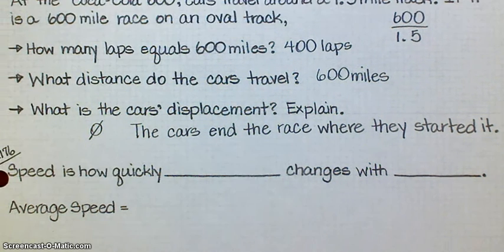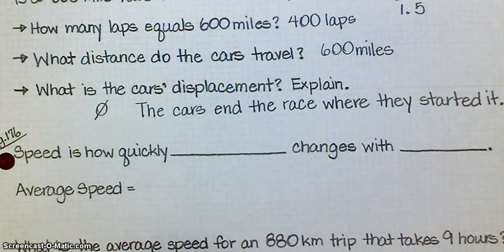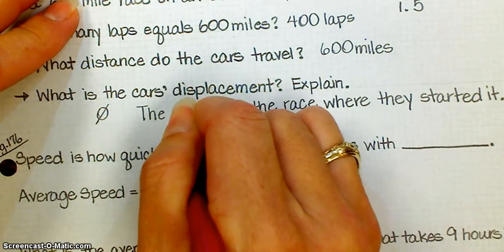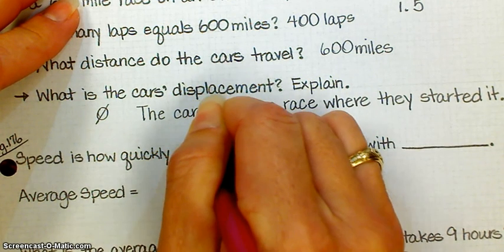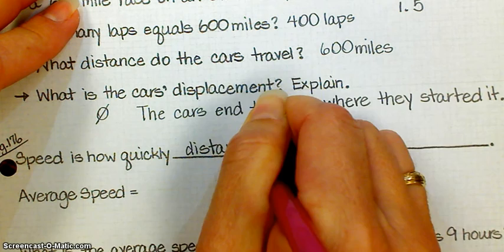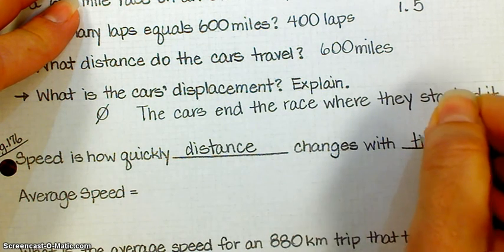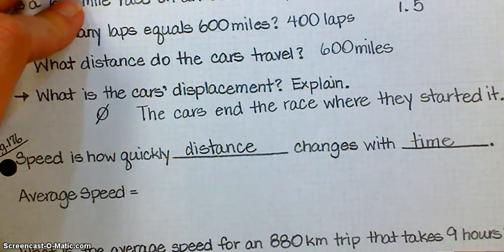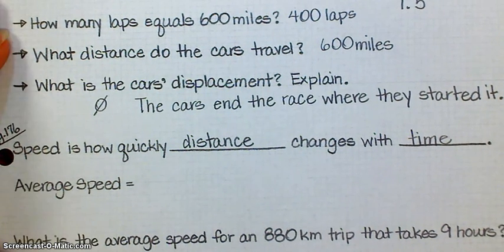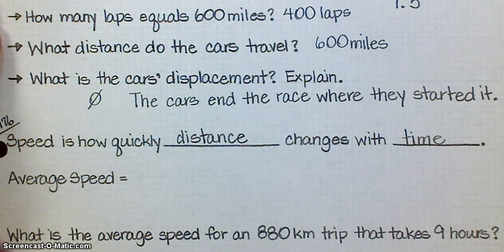Okay, so speed is how quickly blank changes with blank. Distance changes with time. Very good. So what's our formula for speed, average speed? It's total distance. Good.